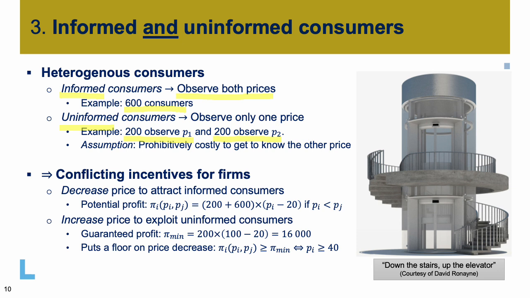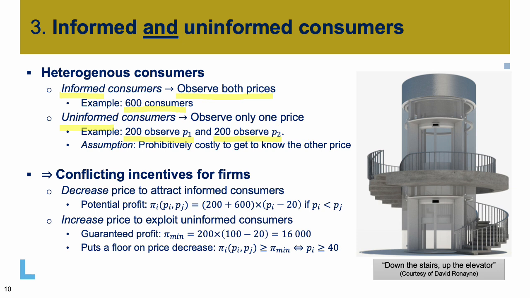So one way to think about the conflicting incentives that the firms have is to think of this picture. Think of this level here being 100, the largest price that consumers are willing to pay, which is also the price that a firm would set to exploit fully its captive consumers. Now, you want to go down the stairs in order to attract the informed consumers, because those consumers compare the two prices and you can only attract them by being cheaper than the rival.